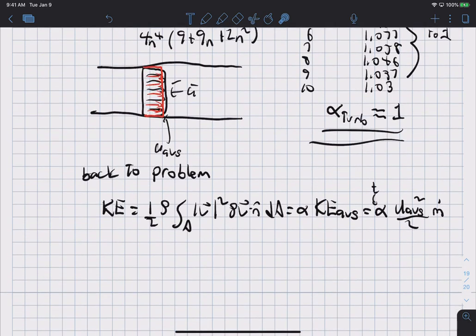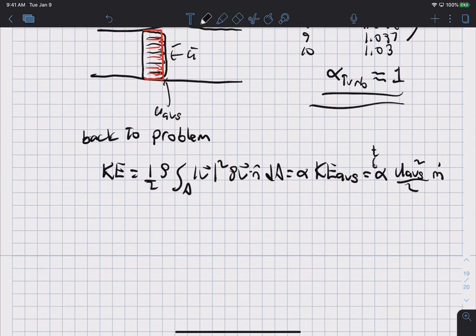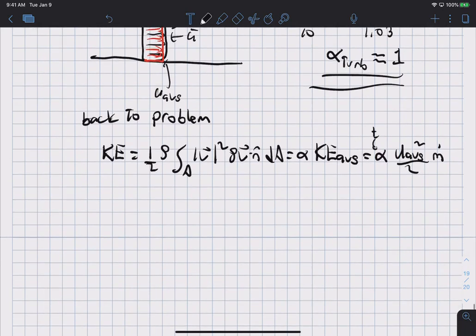So now we know all the pieces to do the integral. Then, back to the control volume.